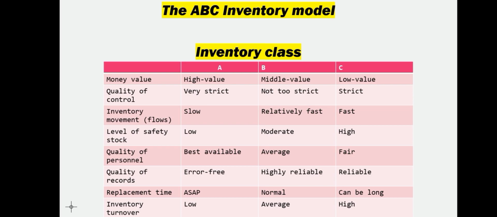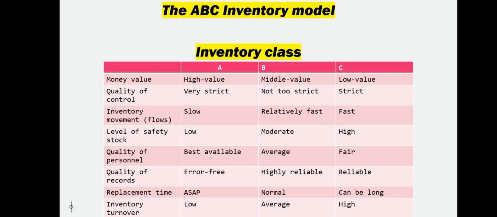As you can see, there are three classifications: A, B, and C. According to Pareto's law, there is an 80-20 rule. 80% of the inventory value is concentrated in Class A, and the rest, which is 20%, is clustered in Classes B and C. So as you can see, in terms of money value, A is high value, B is middle value, and C is low value.